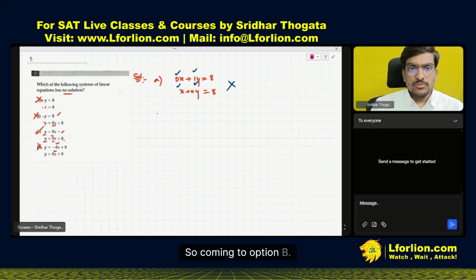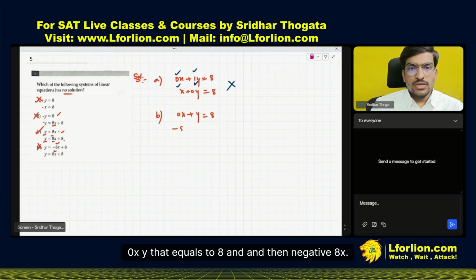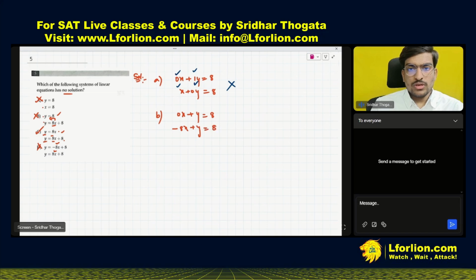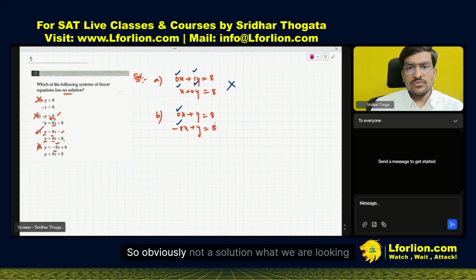Coming to option B, 0x plus y equals 8, and then negative 8x, if we transpose this 8x to the LHS, plus y equals positive 8. Here also the coefficients of x are different, so obviously not the solution we are looking for.